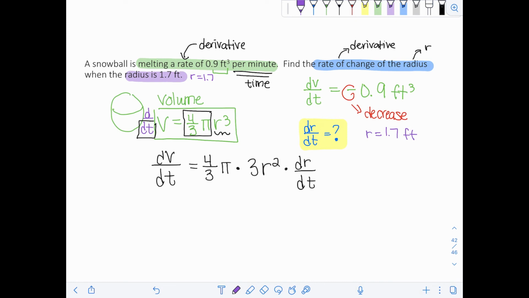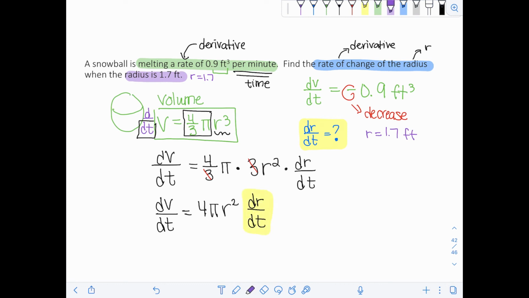Okay, so now we could plug things in, and we might do a little simplifying before we plug it in. You might notice you end up with a 3 in the denominator and a 3 in the numerator, so I could rewrite this as dv over dt is equal to 4 pi r squared dr dt. And now I can go ahead and plug everything in. So we're looking for dr dt, so that's going to be left alone.